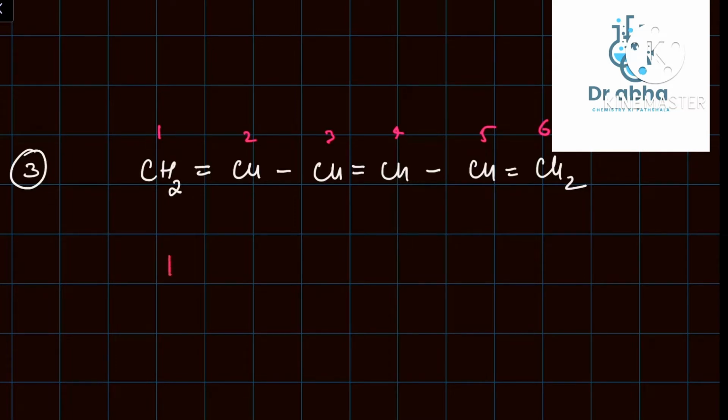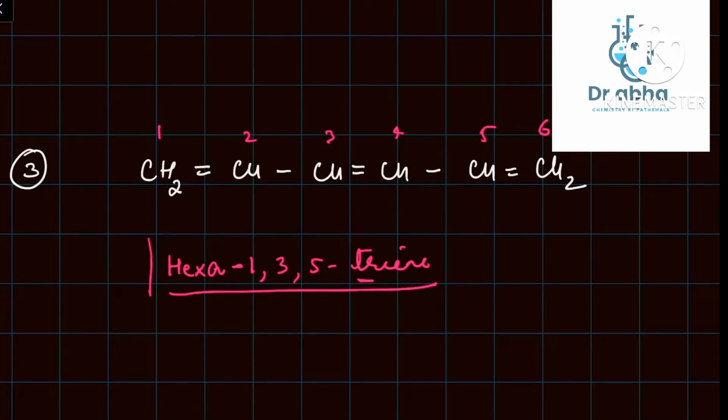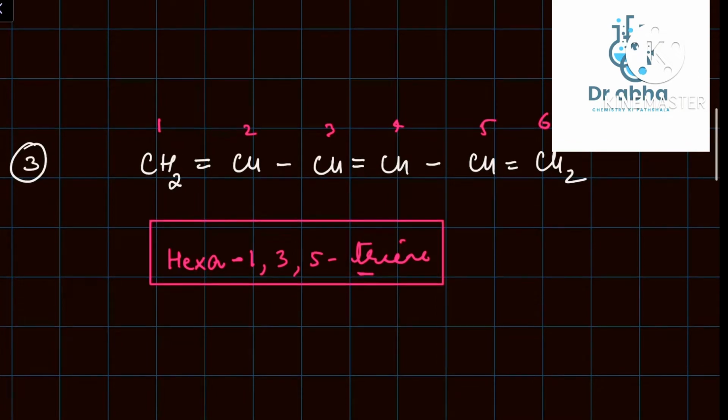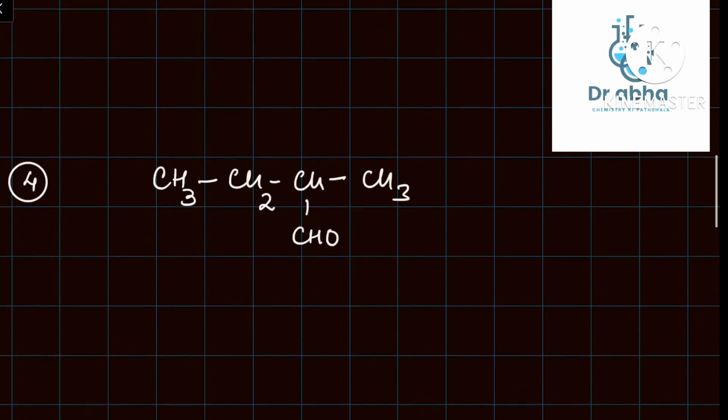Now this is hex and 1, 3, 5 triene. But if there are more than 1 double or triple bond, we use a letter A. So this is hexa-1,3,5-triene, right? That was just to help you out with the rule of A.